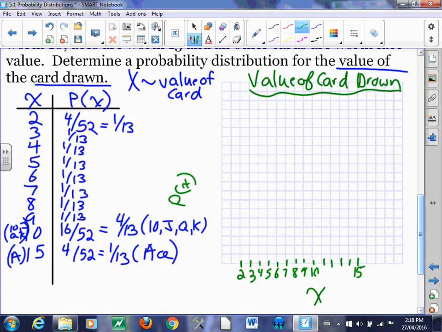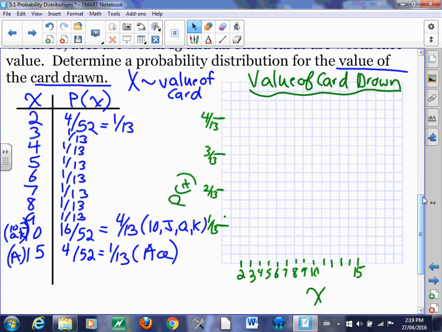So 1, 2, 3, 4, 1 over 13, 1, 2, 3, 4, 2 over 13, 1, 2, 3, 4, 3 over 13, 1, 2, 3, 4, 4 over 13. Okay? All right. So let's plot this in. Okay? For most of them, it's going to be at 1/13.